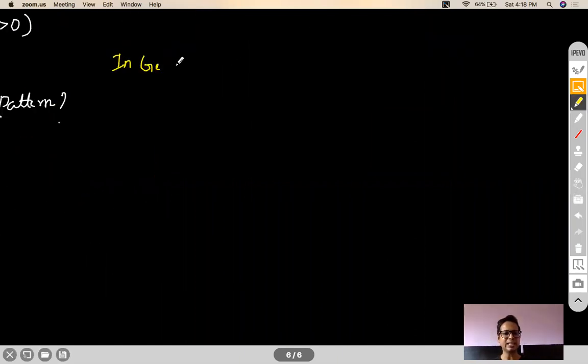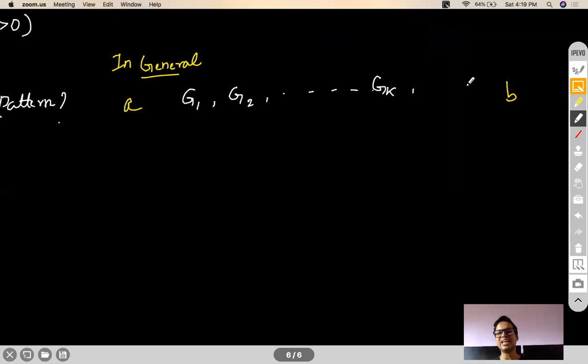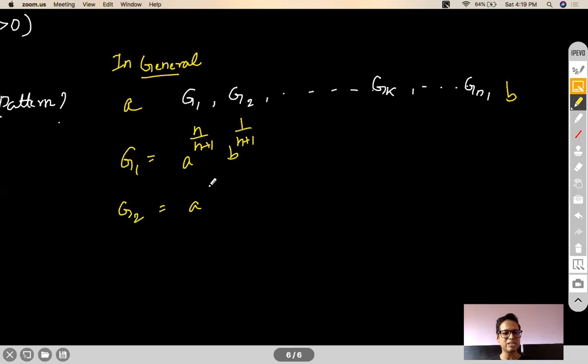So in general, if between A and B you are inserting, let's say, n geometric means, then your G1 will be nothing but A to the power n by n plus 1, B to the power 1 by n plus 1. G2 will be A to the power n minus 1 by n plus 1, B to the power 2 by n plus 1.